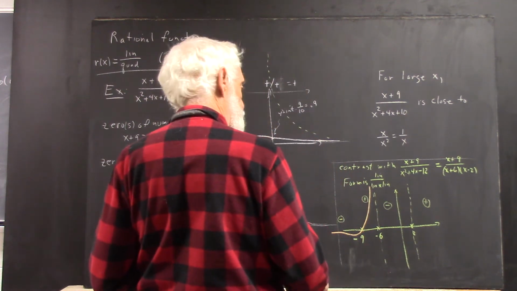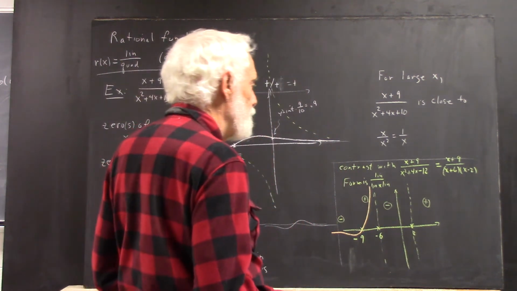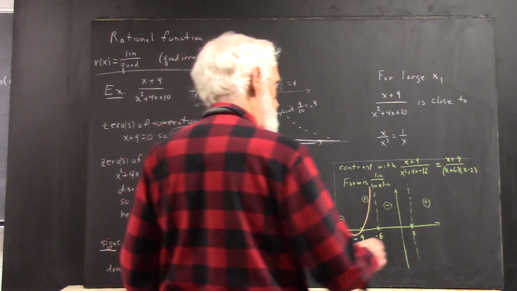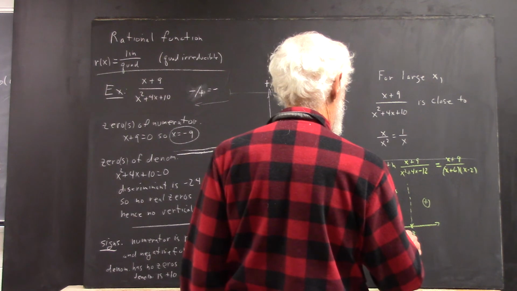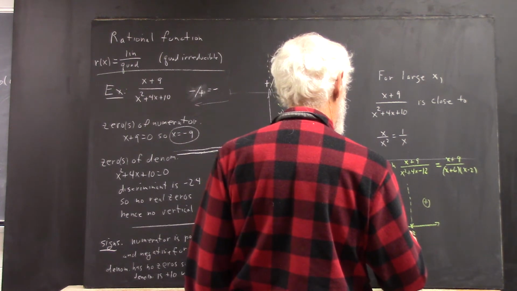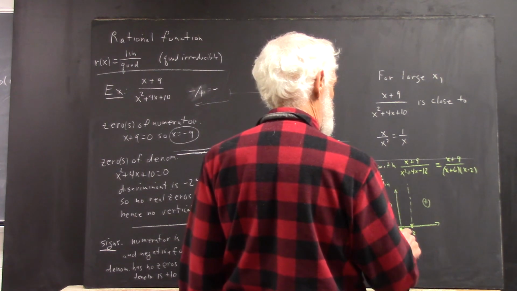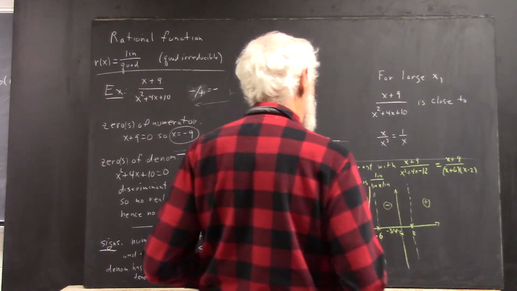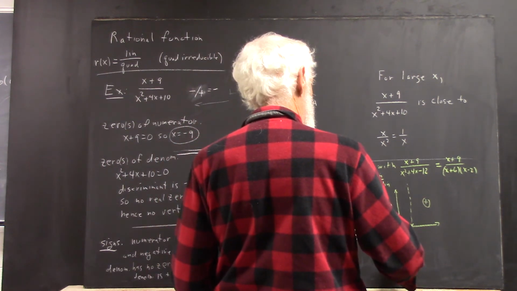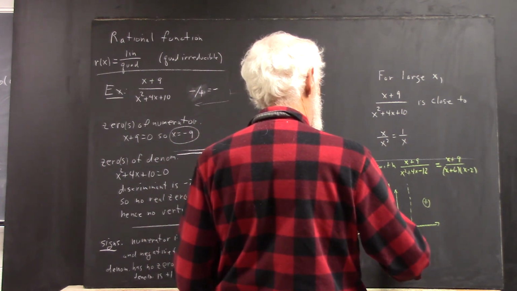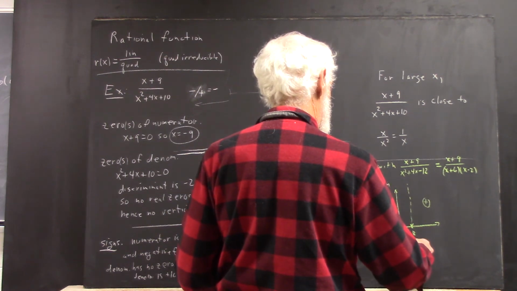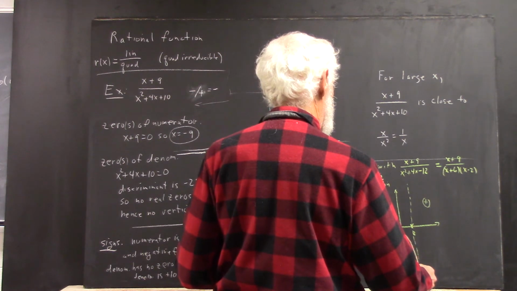Now let's go ahead and figure out what the y-intercept is. Well, it's 9 over negative 12, which is negative 3/4. Negative 3/4 here. So it's going to come up from down here, come around here, come back down here.